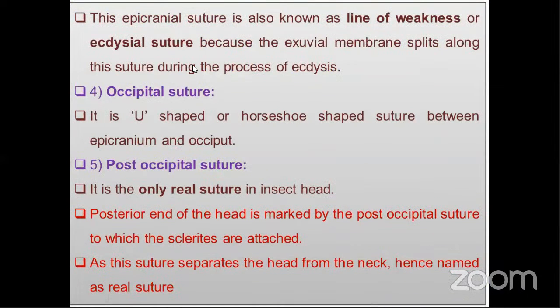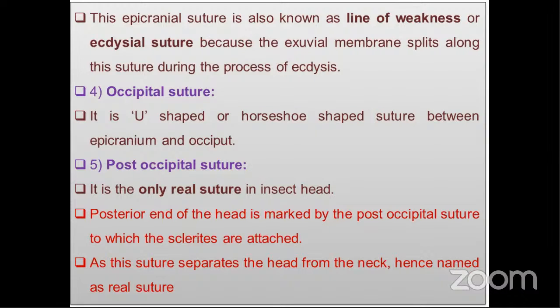The epicranial suture we can also call a line of weakness or ecdysial suture. Why? Because in the moulting process, apolysis and ecdysis, the old cuticle splits along this suture only.